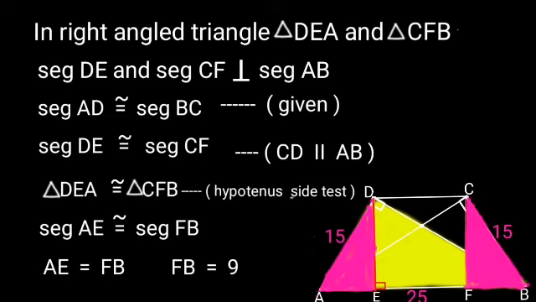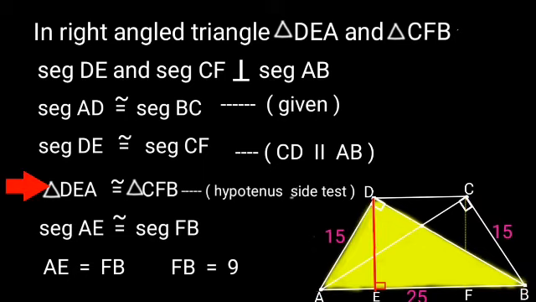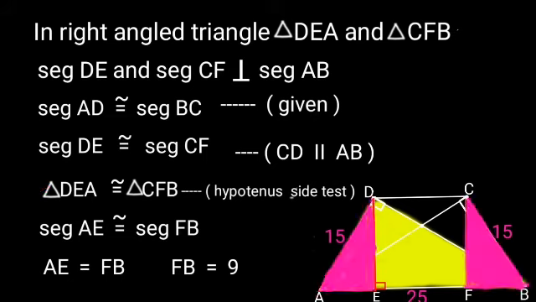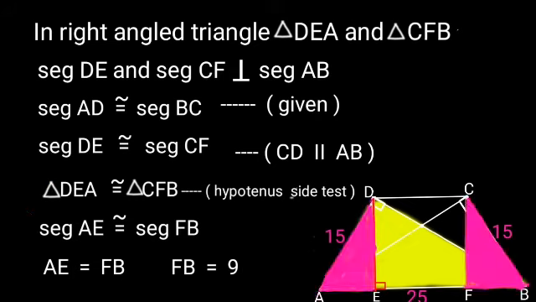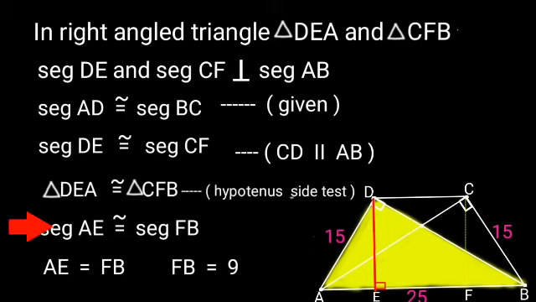Segment DE is congruent to the segment CF because CD is parallel to AB. Hence, triangle DEA is congruent to the triangle CFB. The reason, hypotenuse side test. If the two triangles are congruent, their corresponding sides are congruent.